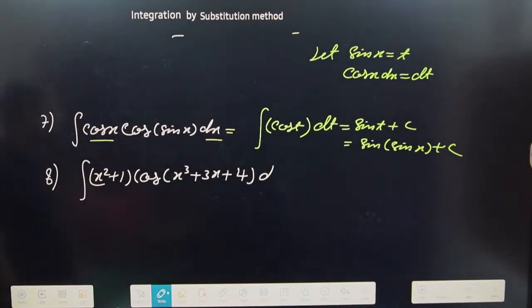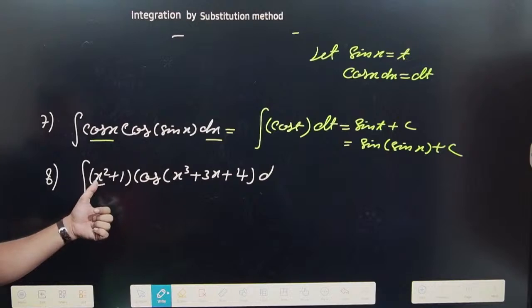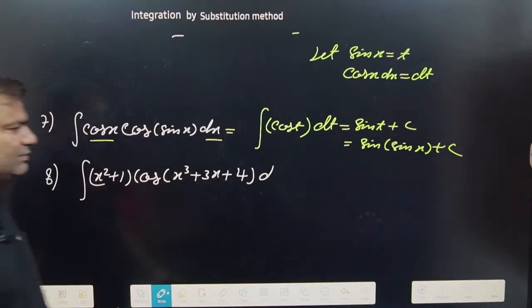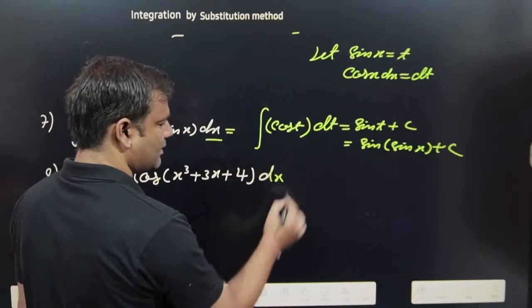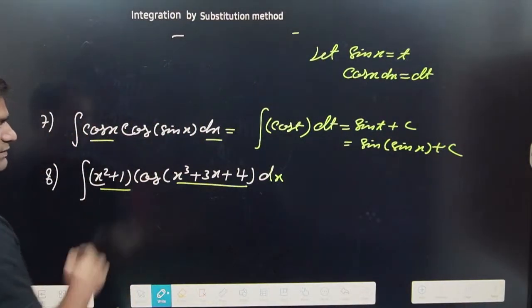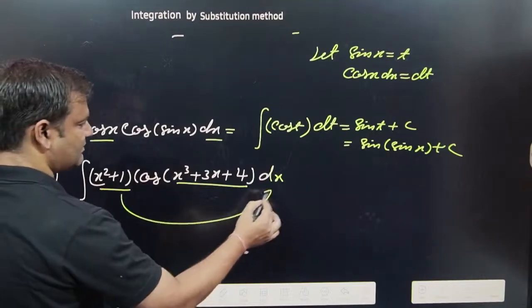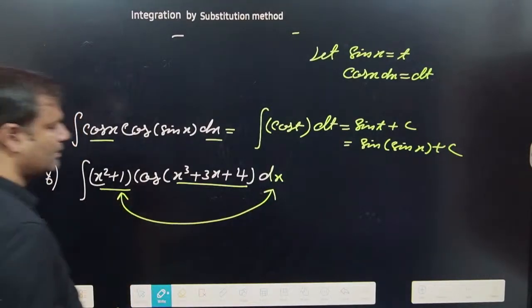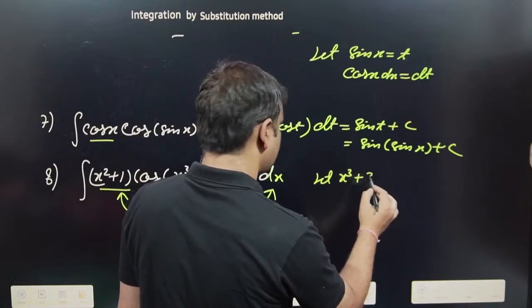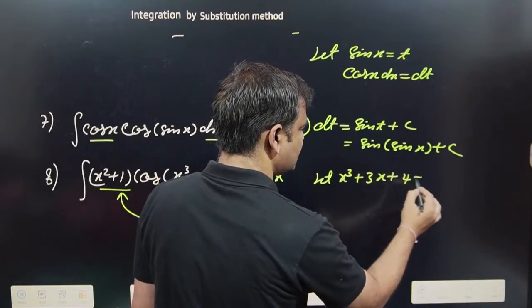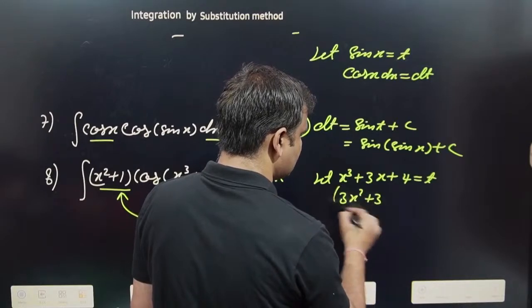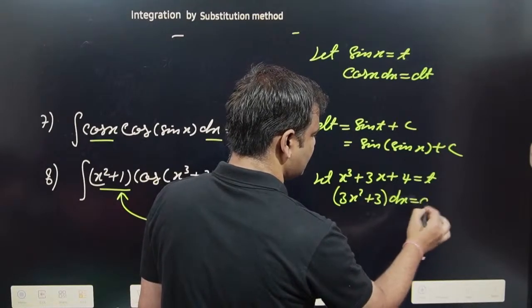Now next problem is, integral of (x square plus 1) into cos of (x cube plus 3x plus 4) dx. How can we do? Look here, if this one is t, then what about that value? This one and this one, basically dt. So let x cube plus 3x plus 4 be taken t, so differentiation of this one is replaced to dt.